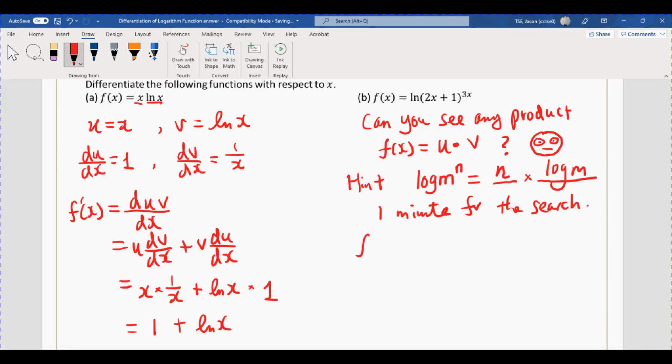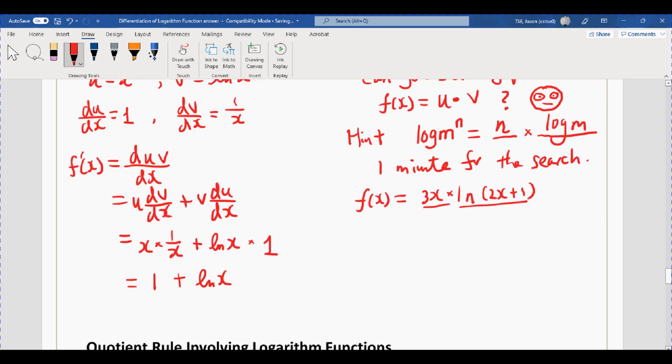That means I can rewrite that f(x) into 3x, bringing that 3 to the front using that law for the logarithm. Right now you have the multiplication between two parts, and your u will be 3x, your v will be log(2x+1).